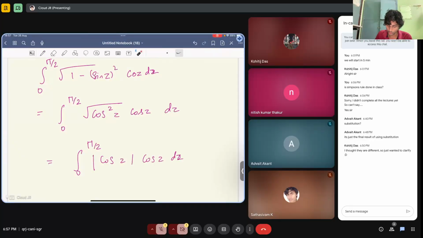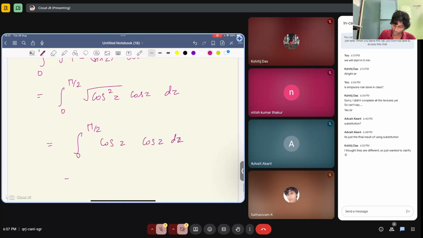Let's just make sure: from 0 to pi by 2, cos is positive, right? Yes, cos is positive, so we don't need to put the absolute value. Now this function you can again integrate. It is 0 to pi by 2, cos z dz.